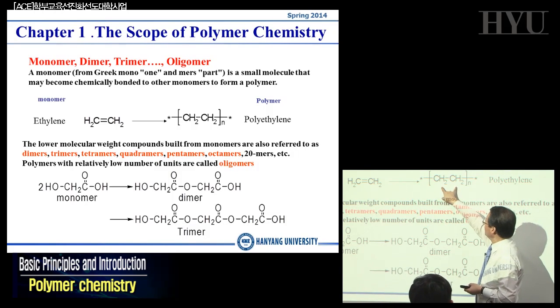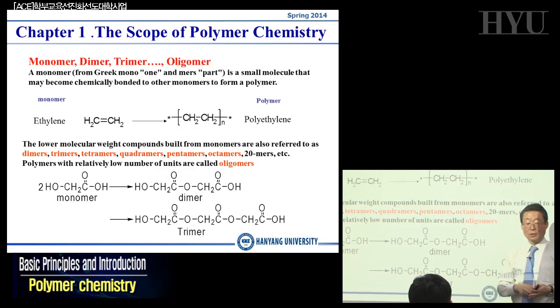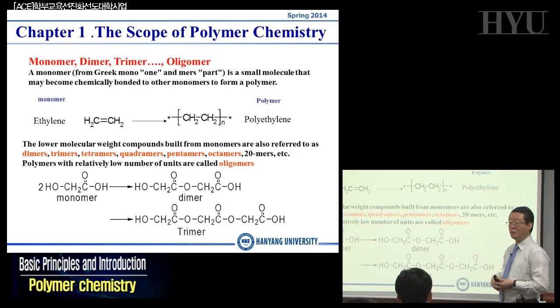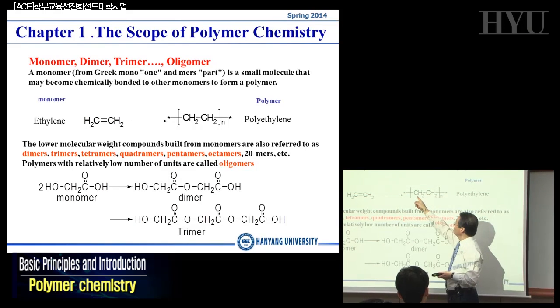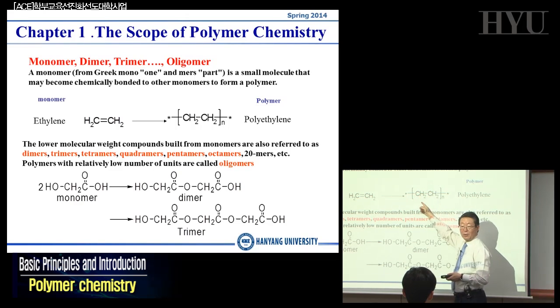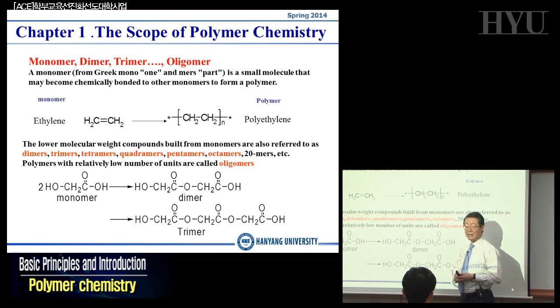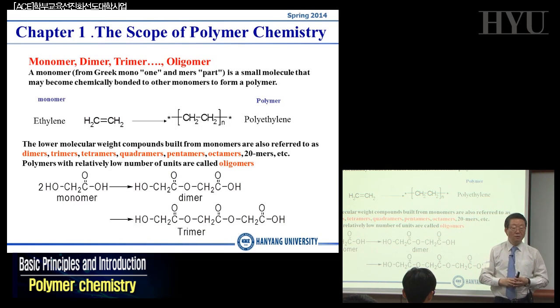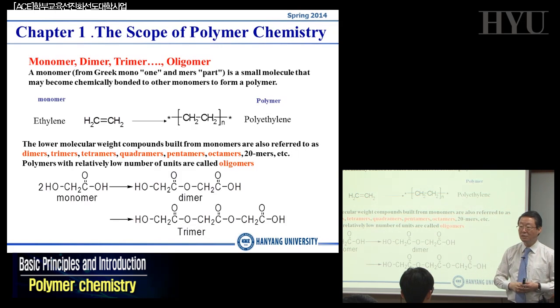So if you know this repeating unit molecular weight, which is about 28 right now, right? It's 12, 2, so it's about 14. It's about 14 per CH2, so the molecular weight of a repeating unit is about 28. If you multiply 28 by 200, it becomes 5,600.